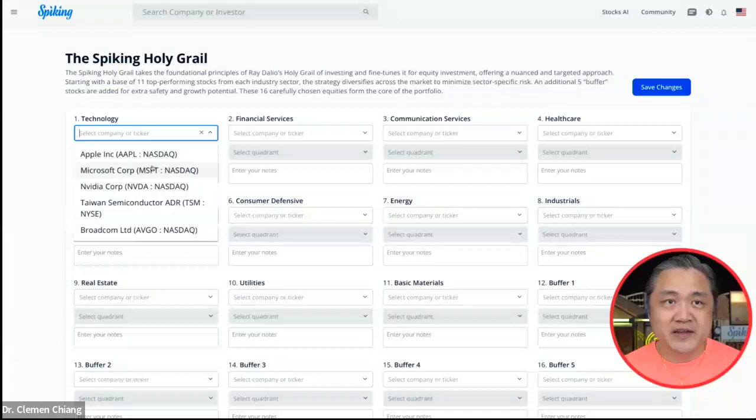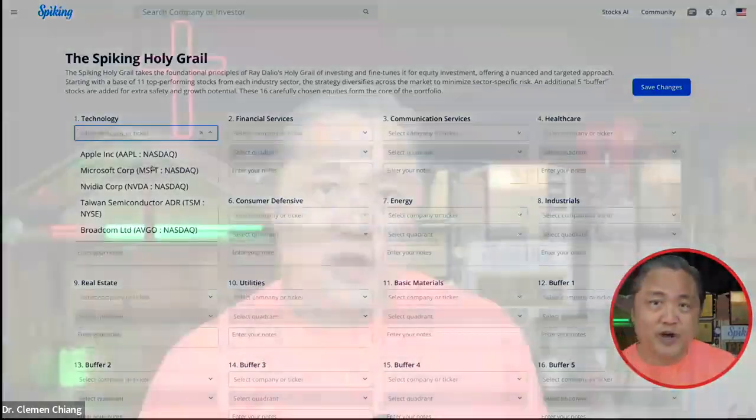And for today's demonstration, why Apple must be in your portfolio goes without a doubt, because this stock itself occupies 50% of Warren Buffett's portfolio. It's the number 1 stock. 50%.